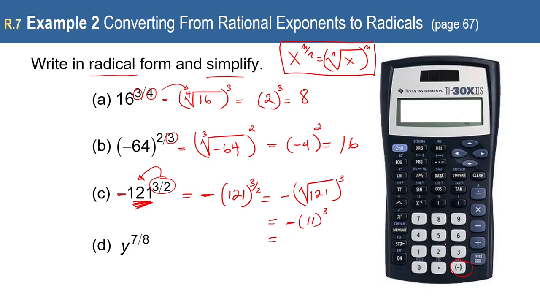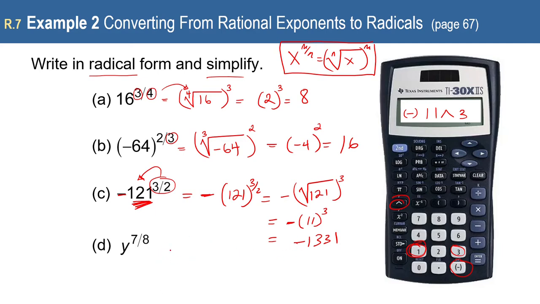We'll enter negative with the parentheses around it, then 11, and then raise that to the 3rd power and press enter. This is equivalent to negative 1,331. So double check with your calculator that you can get negative 1,331.